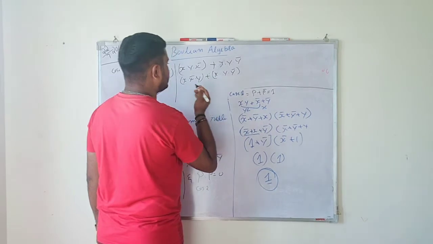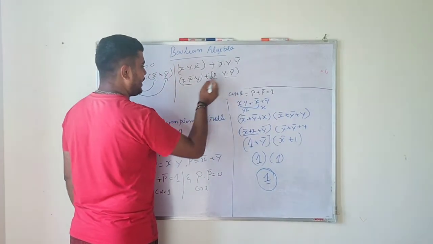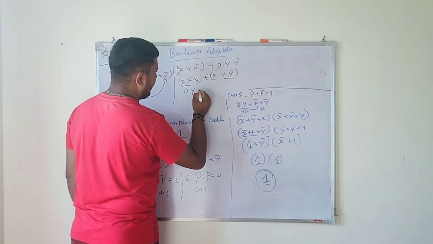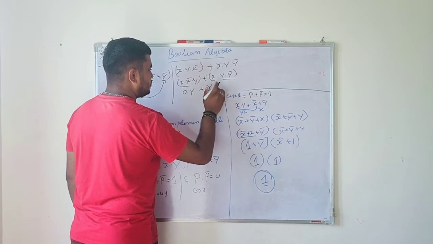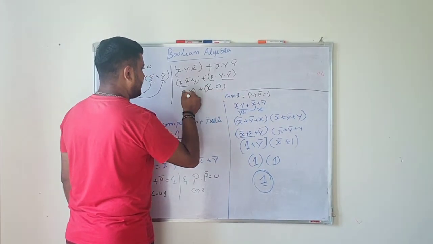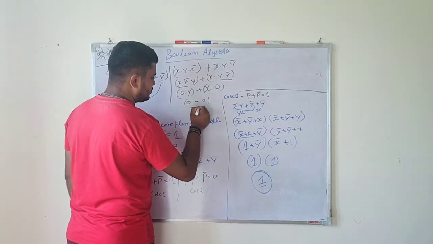Okay. Now next what should we do? Now as we all know that x into x bar is 0. So anything you multiply by 0 gives 0, plus 0, which is equal to 0.